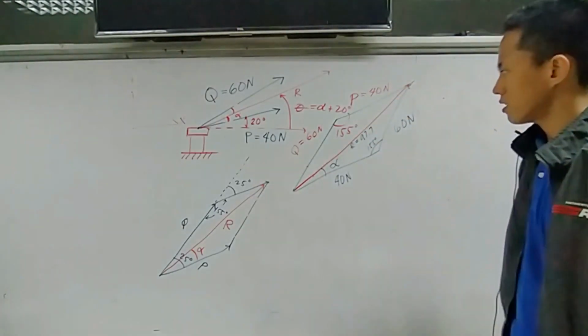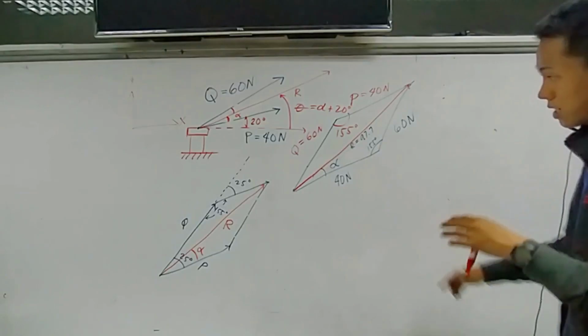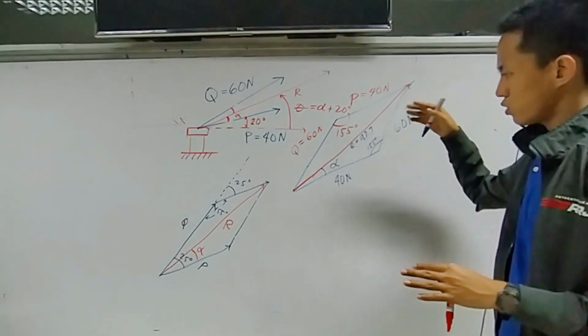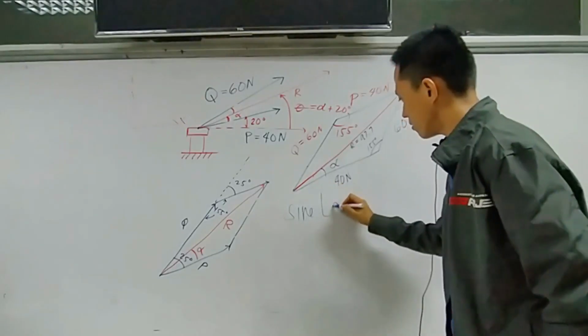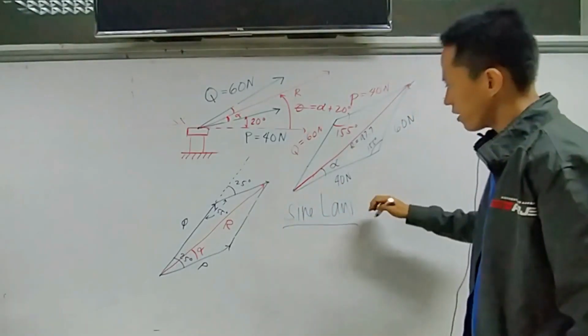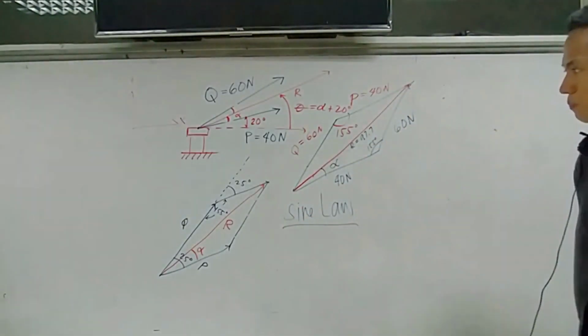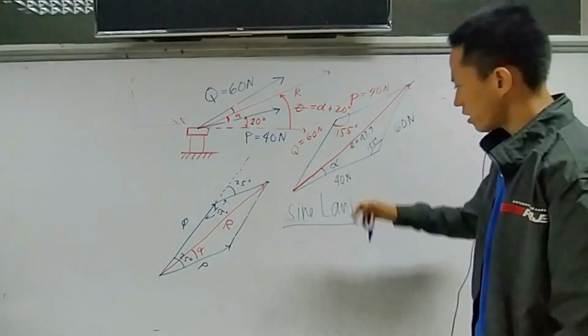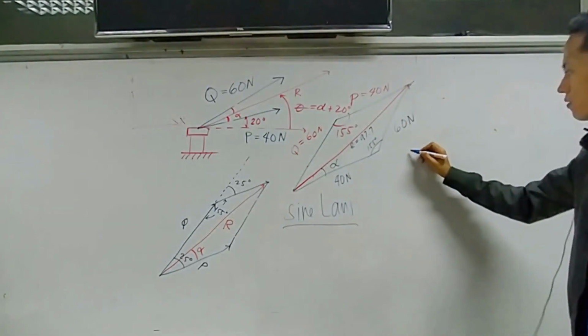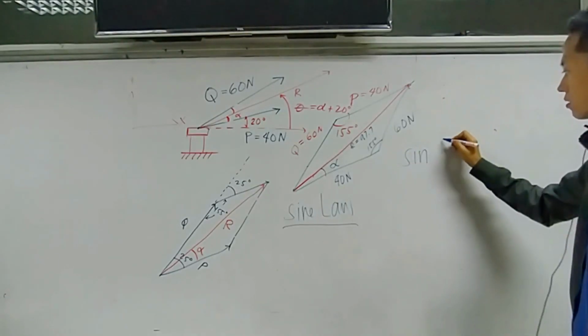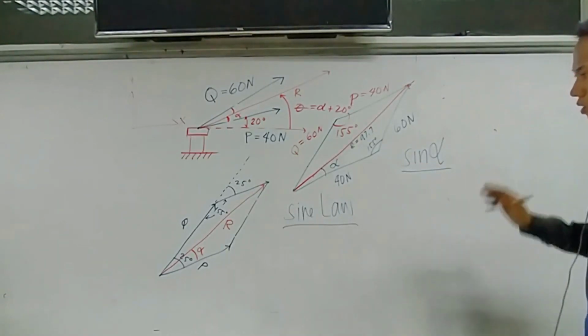So, i-extract natin itong triangle na nasa baba here. So, using sine law naman guys, we can find this angle alpha. Okay? So, we have here sine alpha over yung opposite niya.